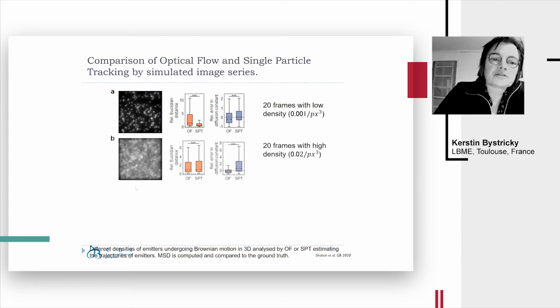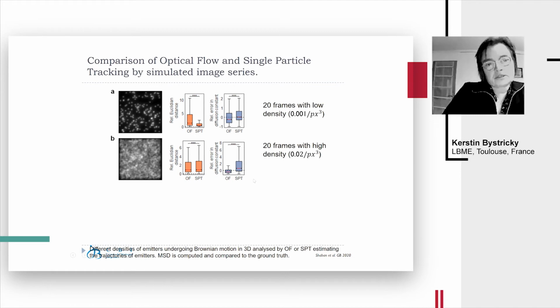Now, if you increase the labeling quite significantly, then you see that single particle tracking starts to be less precise than optical flow, just because it will not be able to identify all the densely labeled molecules from one another. And so the estimate compared to the ground state of optical flow starts to be much better.